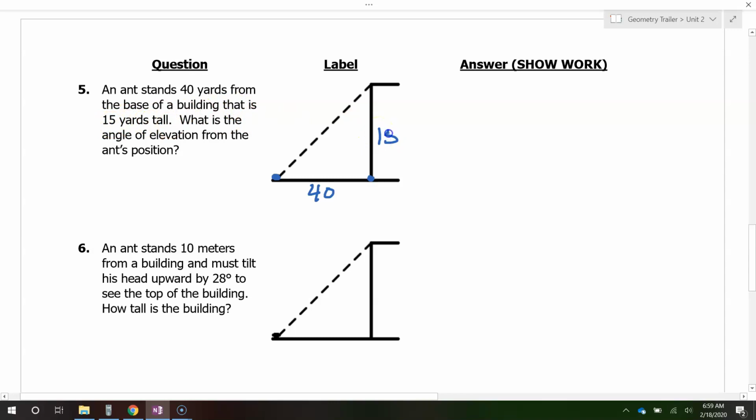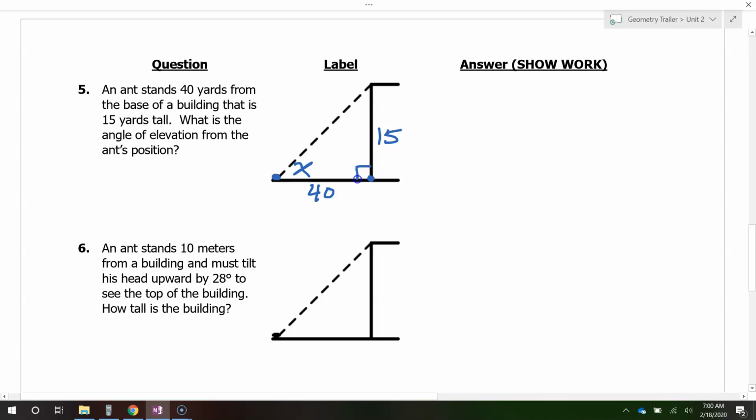So here is the building, so it is 15 yards tall. What is the angle of elevation from the ant's position? So the angle where the ant is right here on the ground. So this is the angle of elevation. So there we go. So that's what we're looking for. We'll put an X there.